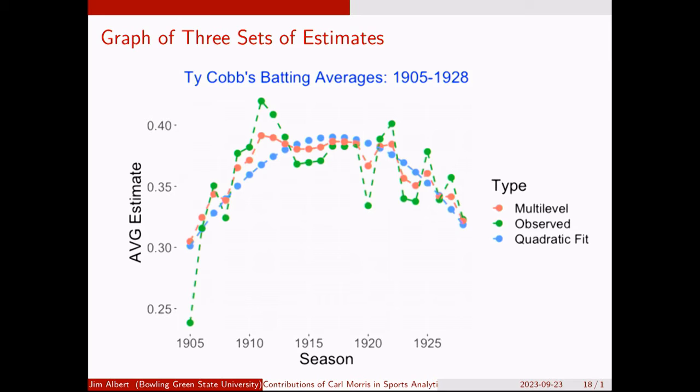So the red represents the shrinkage, okay? And if you look carefully, you notice that none of the posterior means actually are larger than 0.4. But the question is, is the maximum probability bigger than 0.4? Anyway, the conclusion is that he did an analysis, and yes, it's likely that his maximum probability was larger than 0.4. So the probability is like 75%. And I can replicate that conclusion through a more modern analysis.